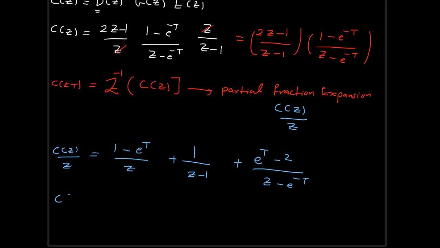Now we can calculate C of Z, which will equal (1 minus e^-T) plus Z over (Z minus 1) plus Z (e^-T minus 2) over (Z minus e^-T).